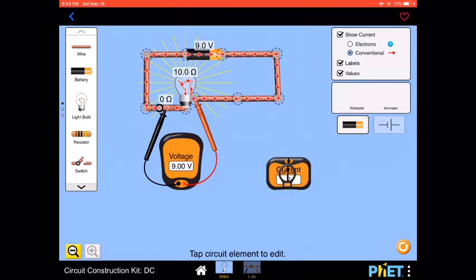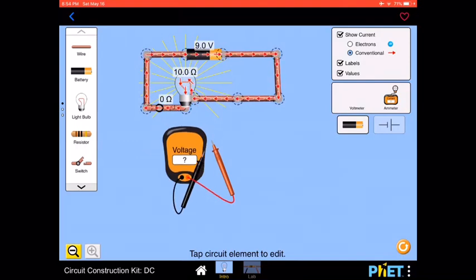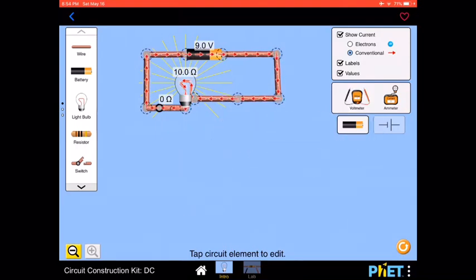Now what I'm going to do is put another resistor in parallel. So here we go.